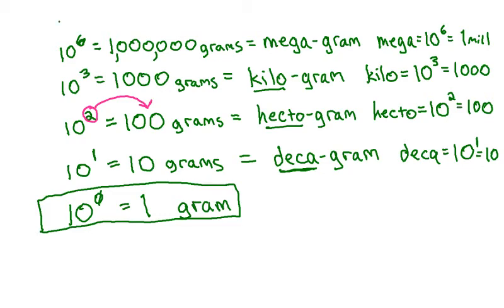Let's do another one. Let's do 10 to the ninth. So 10 to the ninth would be a 1 with 9 zeros after it. 1, 2, 3, 4, 5, 6, 7, 8, 9. So 1 billion grams is called a gigagram.